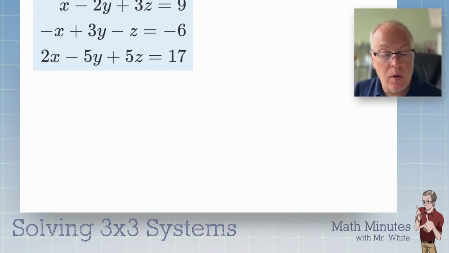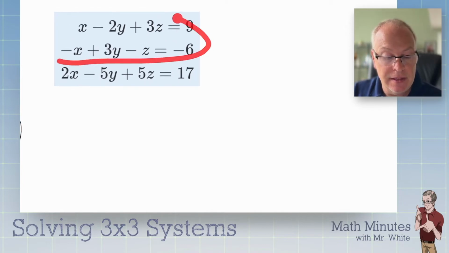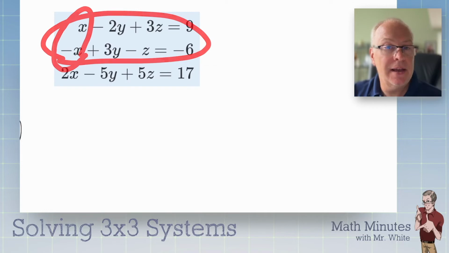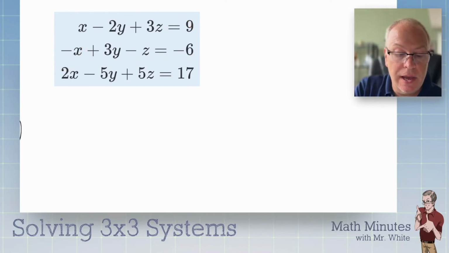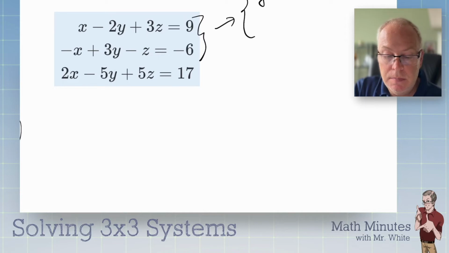All right, so what I noticed right away as I'm evaluating the easiest way to do this is that if I add these 2 together, the x's cancel right away. I think I want to do that. Let's just go ahead and add these 2 together, and I get y plus 2z is 3.